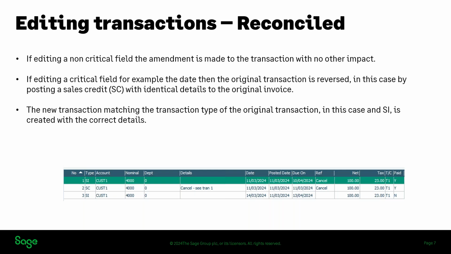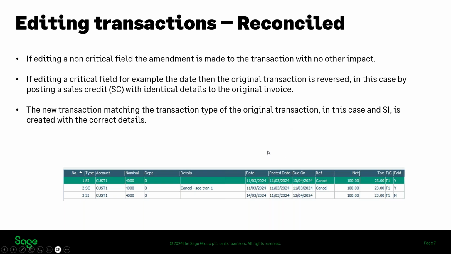If you do edit a critical field, however, what will happen is the transaction will need to be reversed. Okay, so it will reverse that transaction out. What it will then do is it will post a new transaction with the posting details on there for you. So what we'll find is when we edit one transaction, we end up with two new transactions, a reversal of the original, and then a brand new transaction with the correct details on.